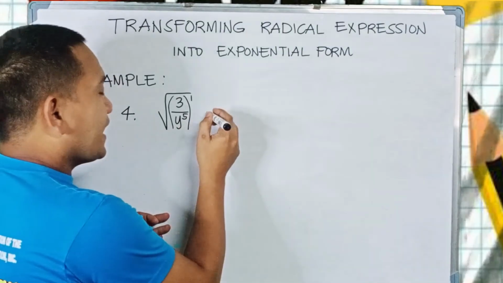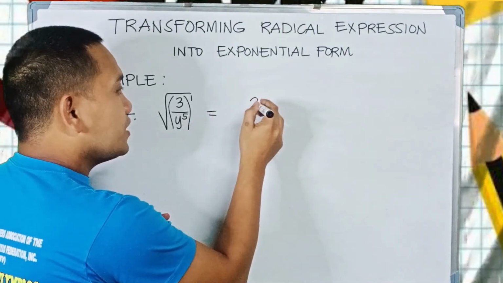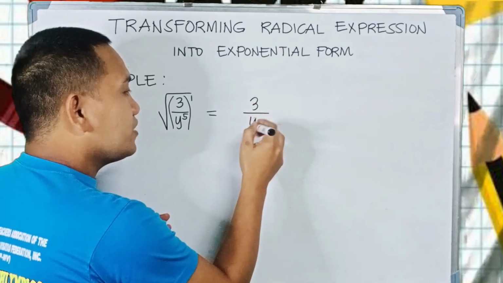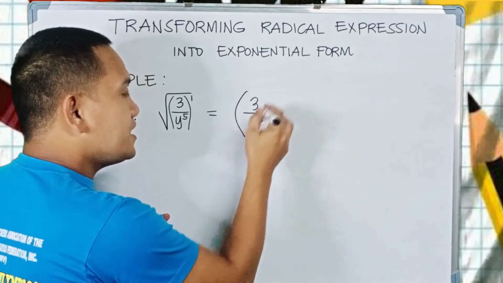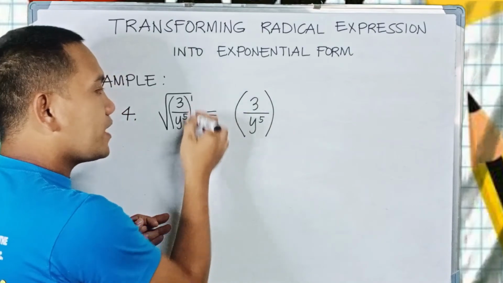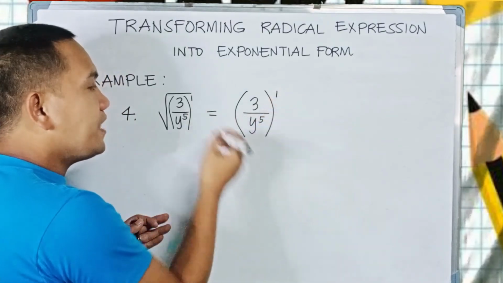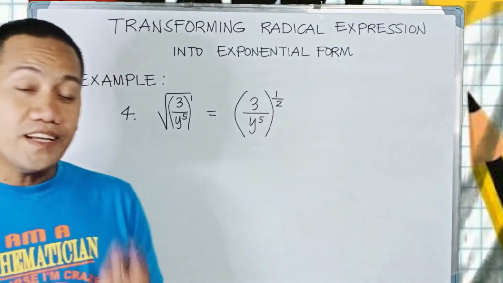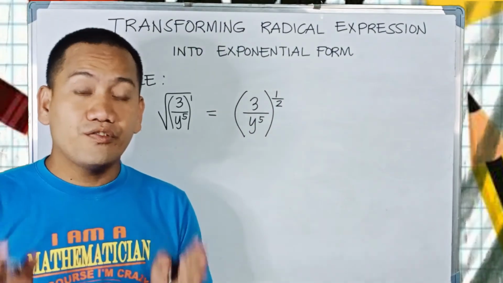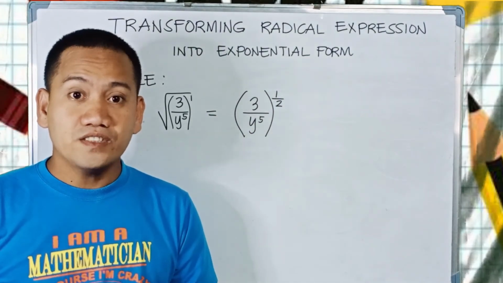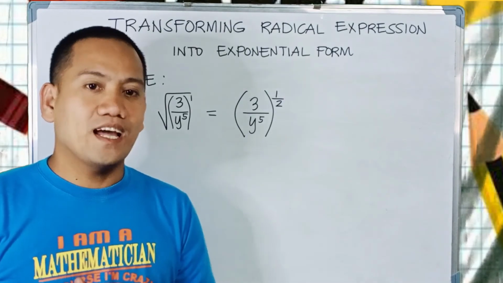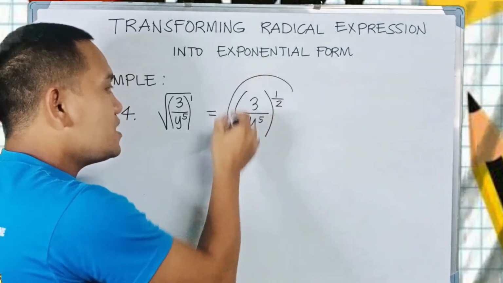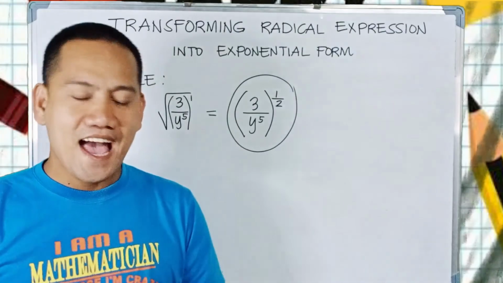So we can write this one as 3 over y to the fifth raised to the exponent of our radicand, which is equal to 1, and the index, which is 2. So our final answer would be quantity of 3 over y to the fifth raised to 1/2. So this would be the final answer.